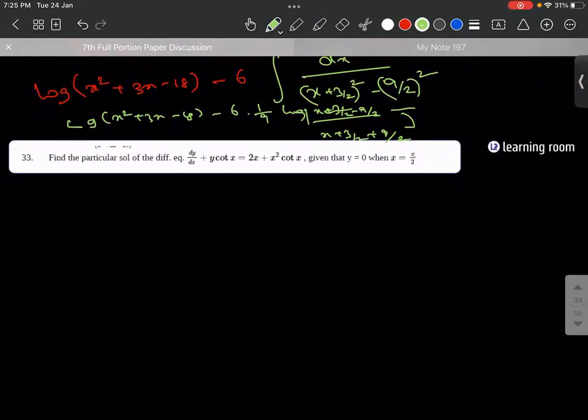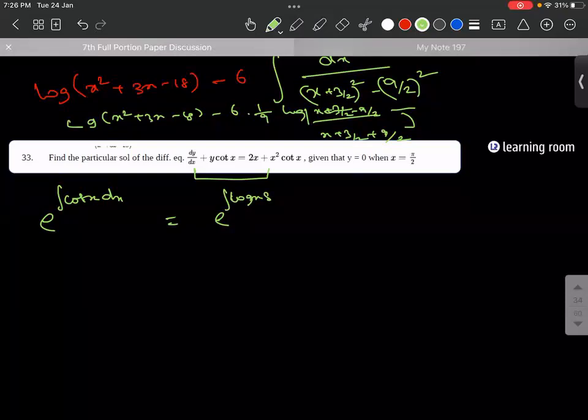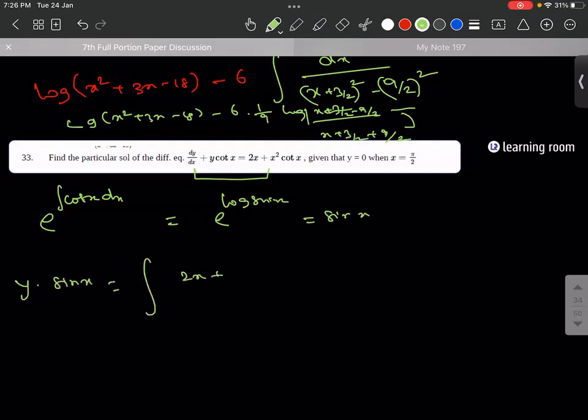So again, you will find the particular solution here. E power integral of cot x dx is e power integral of log of sin x, which will be sin x only. So y into sin x is equal to integral of 2x plus x square cot x into sin x dx plus c.